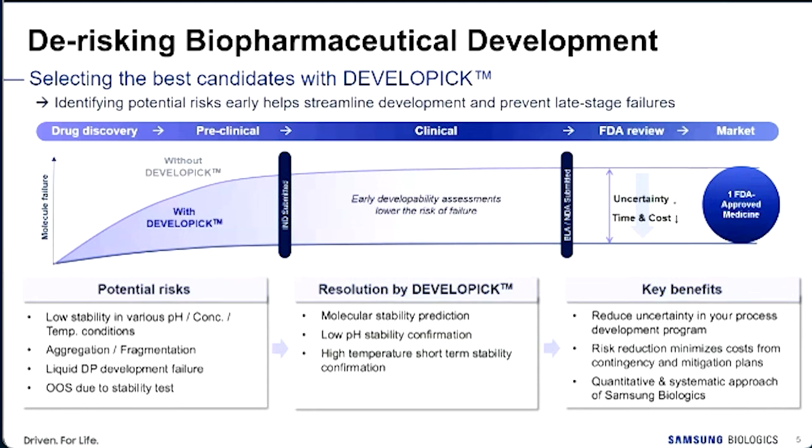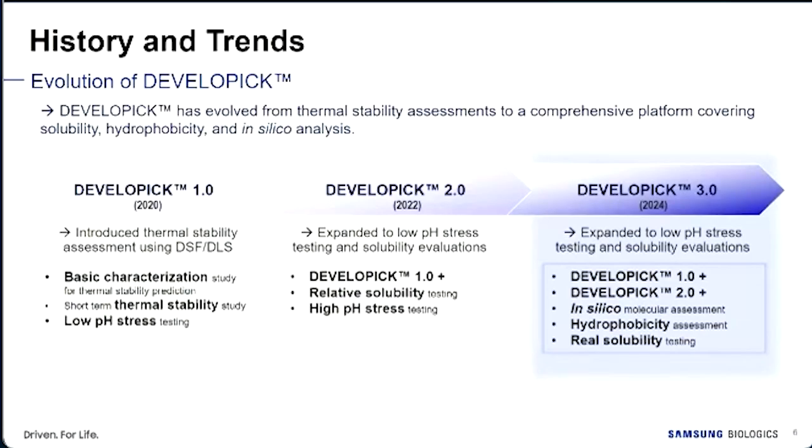DEVELOPICK helps de-risk biopharmaceutical development by assessing molecular characteristics early and providing risk mitigation strategies in collaboration with our USP, DSP process development teams. By integrating these insights, clients can streamline their development process and reduce the likelihood of late-stage failures.